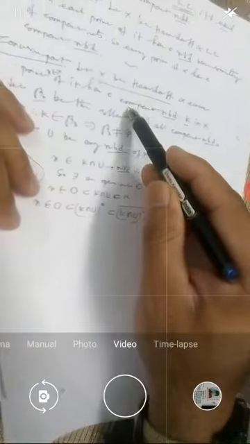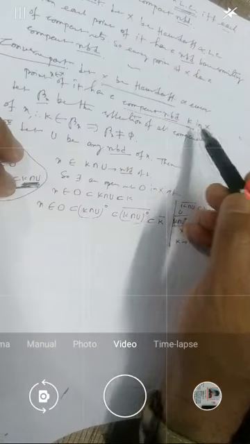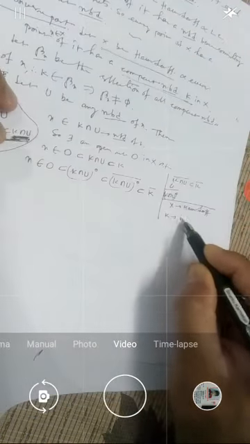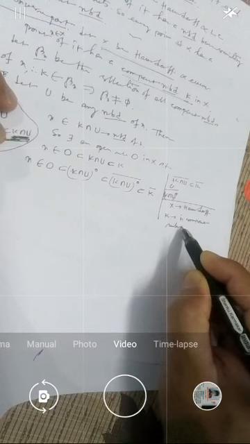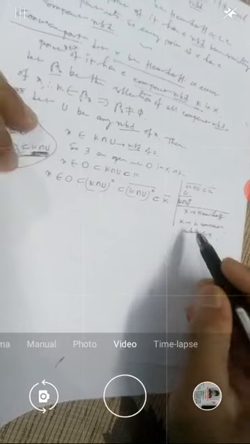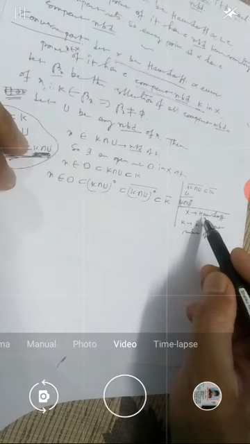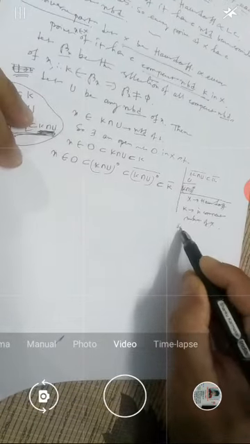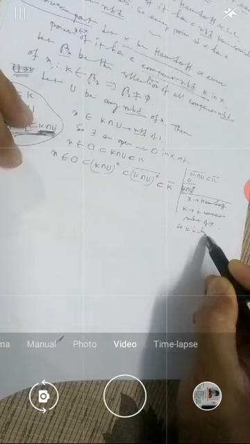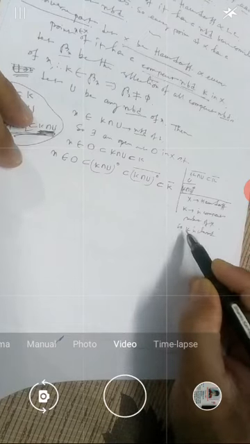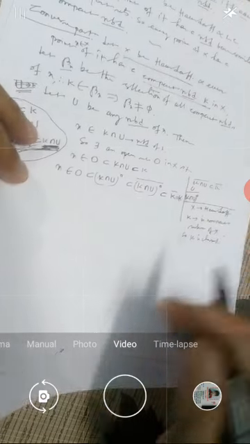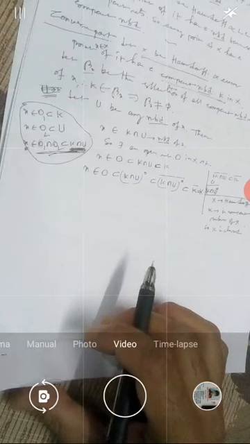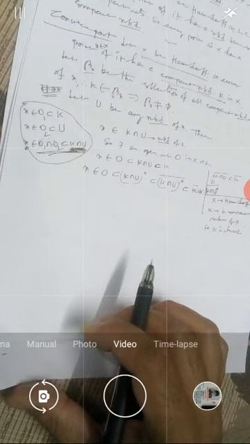K is a compact neighborhood, that is, K is compact. K is a compact subset of X. So K is a compact subset of a Hausdorff space. So K is closed. So K bar equals K. Fine.